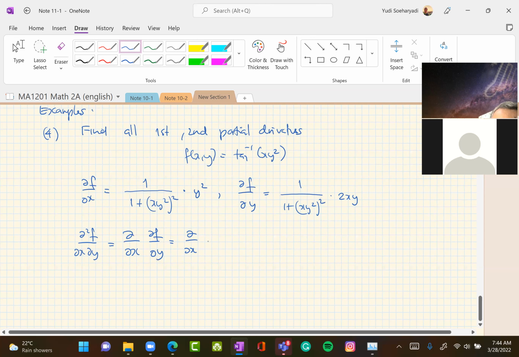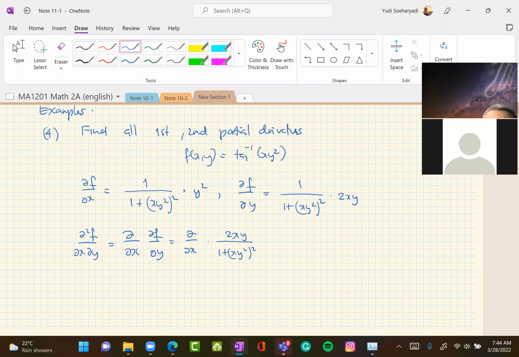Let's just write this down: 2xy. With respect to x, think of any symbol other than x as constant, so y squared is constant.